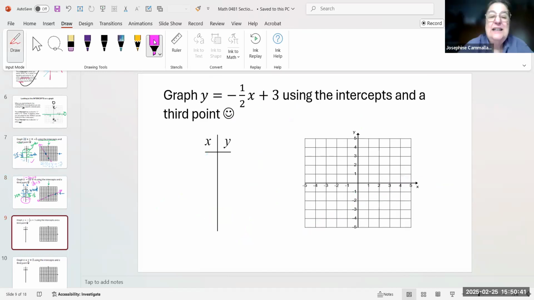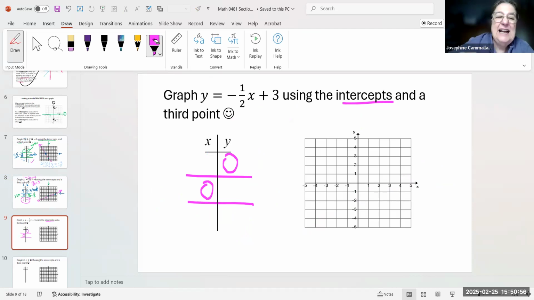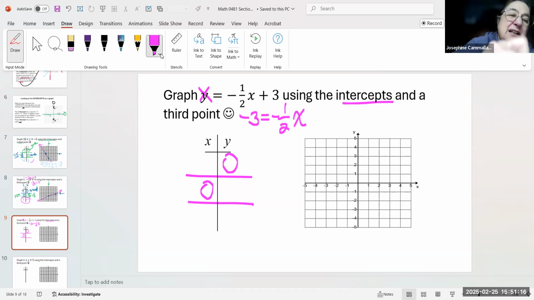Okay, now this one, I'm still using my intercepts. So I'm going to put y is 0, x is 0. Well, again, if y is 0, that means I've got to subtract 3 from both sides. So what I have is a -3 is equal to a -1/2 x.